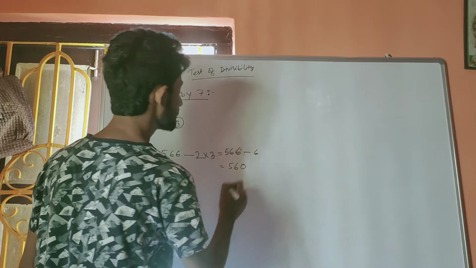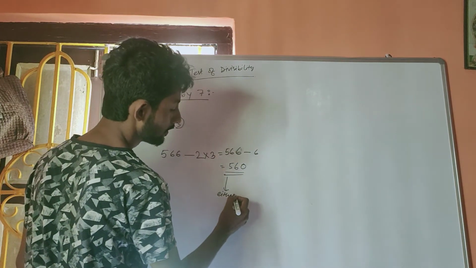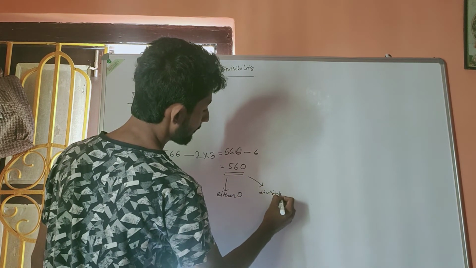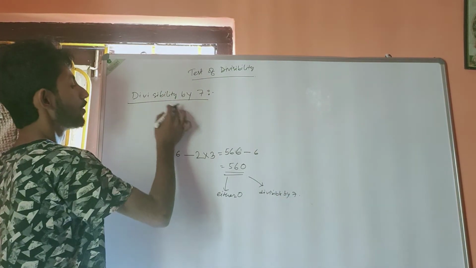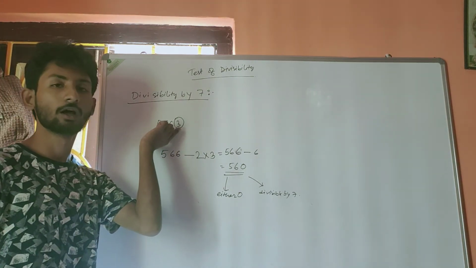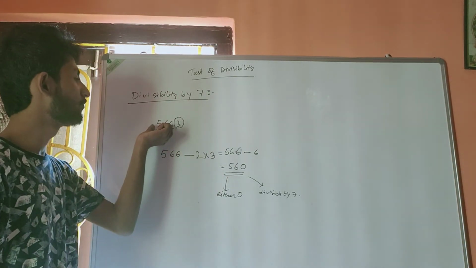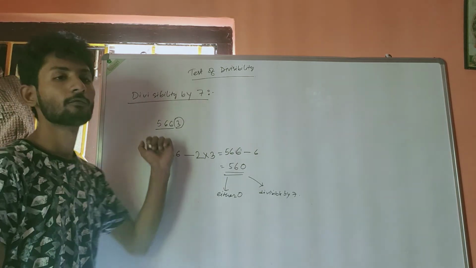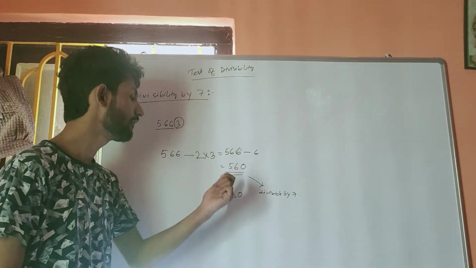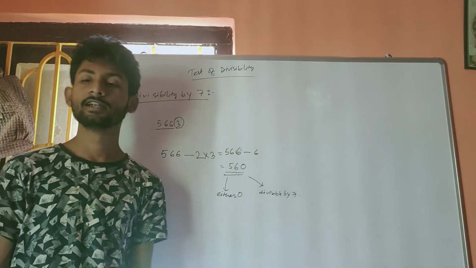It is 560. If it is either 0 or divisible by 7, then the whole number will be divisible by 7. First you have to multiply the last digit by 2 and subtract it from the number formed by the remaining digits, and whatever comes, if it is either 0 or divisible by 7, then the whole number will be divisible by 7.